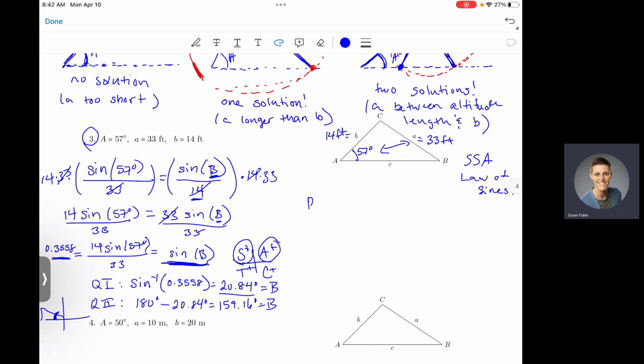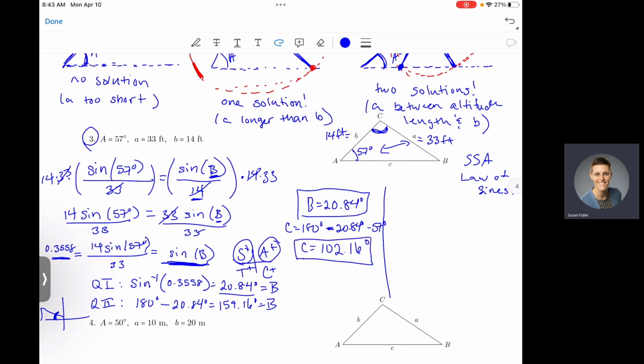So what if B was equal to 20.84 degrees? Well, in that case, to find angle C, I would subtract from 180 degrees. So C is going to be 180 degrees minus 20.84 degrees minus 57 degrees, which is 102.16 degrees.